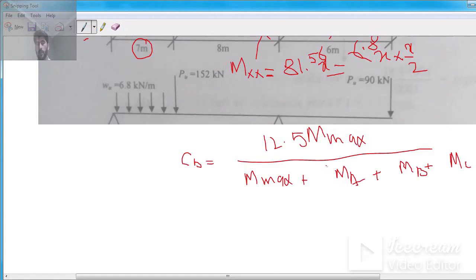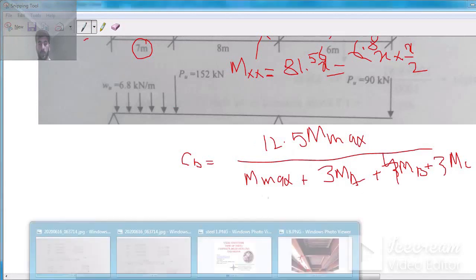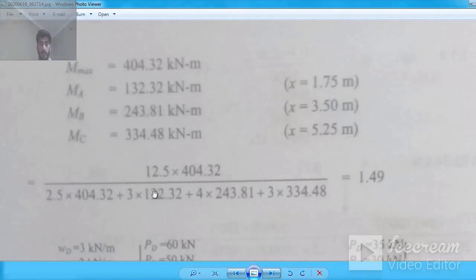I think this is 4, this is 3, this is 4 and this is 3. And here is also some constant. Let me check what that constant is. You see 3, 4, 3, 12.5 and 2.5. So here we have 2.5.